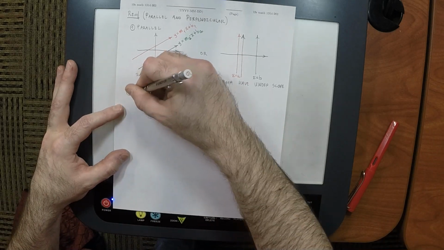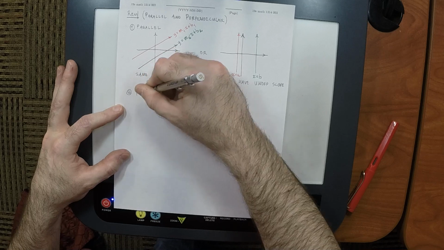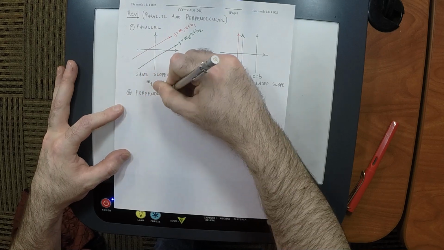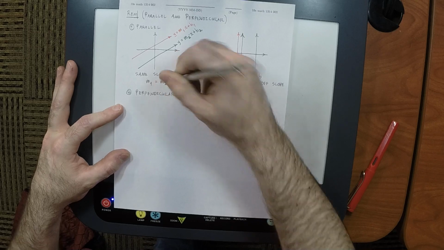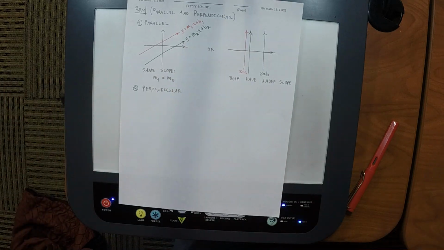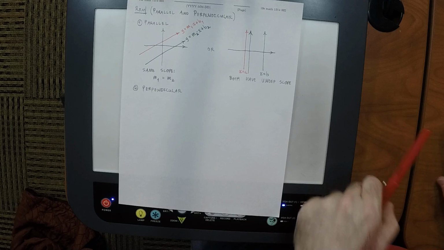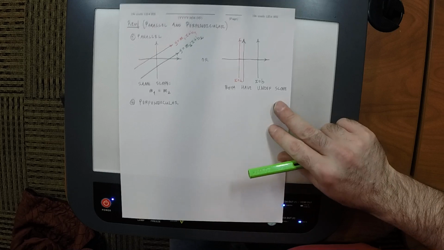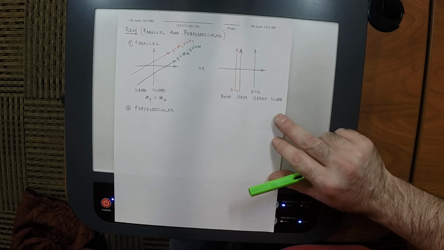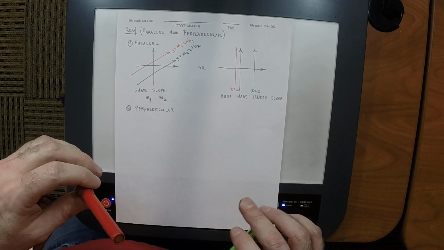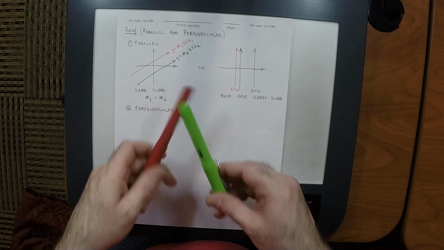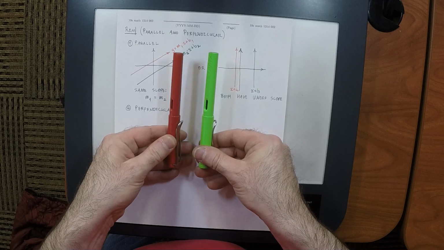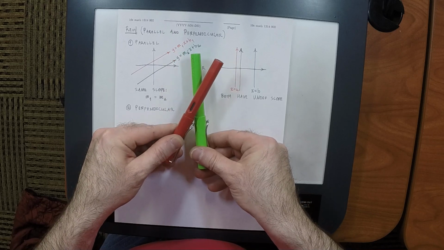Perpendicular. So now perpendicular is sort of like the opposite of parallel, but to be understood as opposite in the most possible way. Like these are parallel as I'm holding them, and this isn't parallel, right?